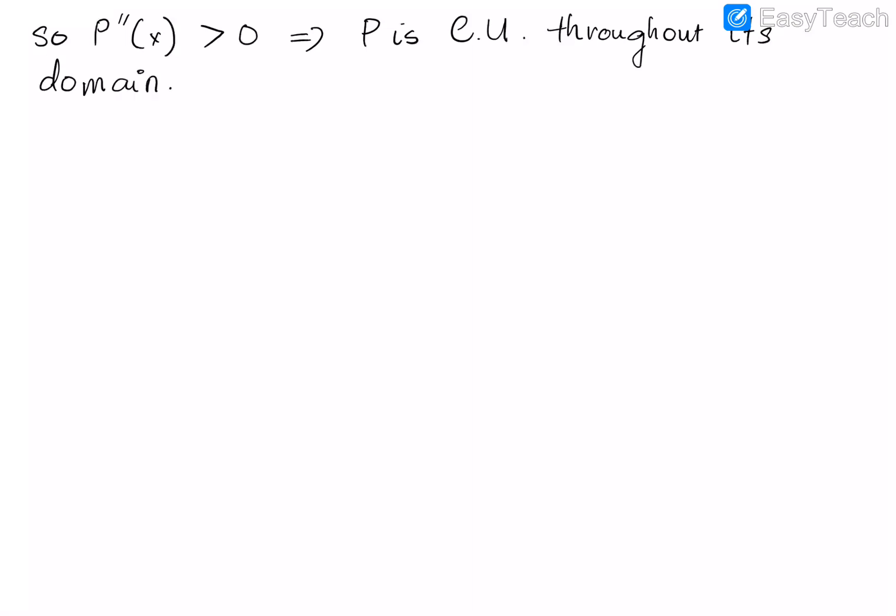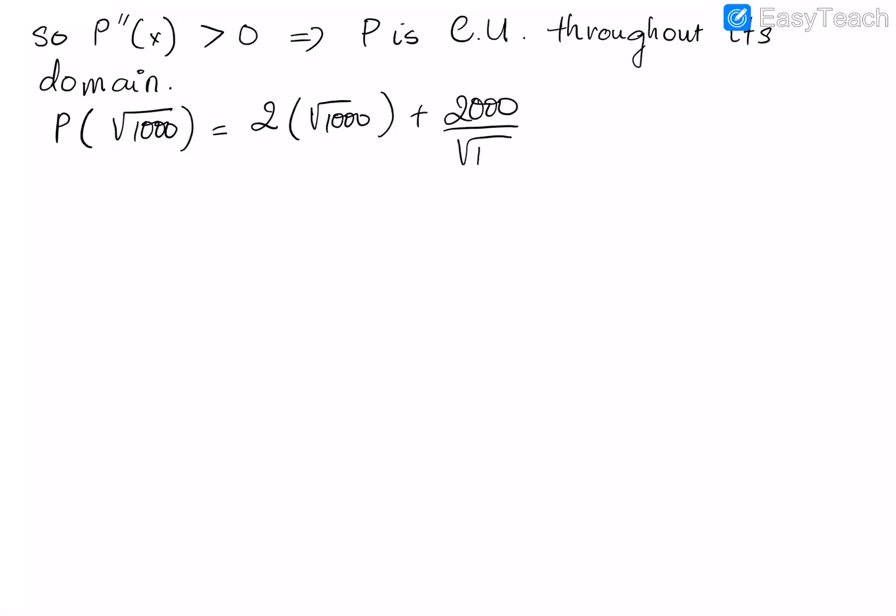Now we want to evaluate P of square root of 1,000. So what's that? 2 square root of 1,000 plus 2,000 over square root of 1,000.